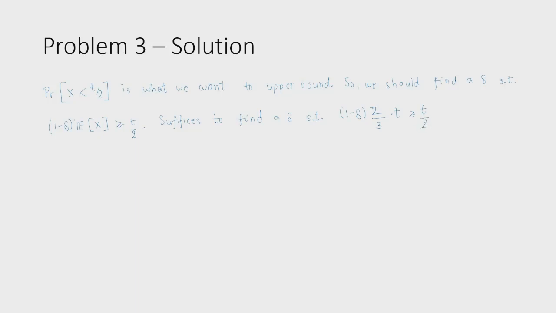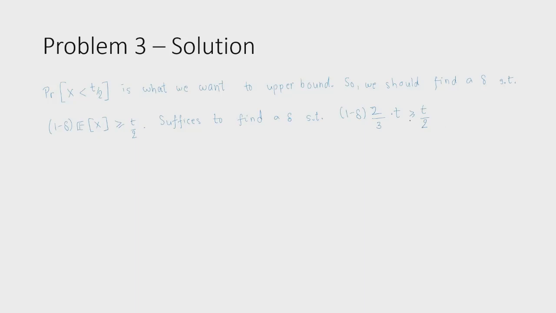So what I've done is I've replaced this quantity by a smaller quantity, which would force this quantity to be larger to satisfy this, right? So basically the delta that we find over here should also work over here.